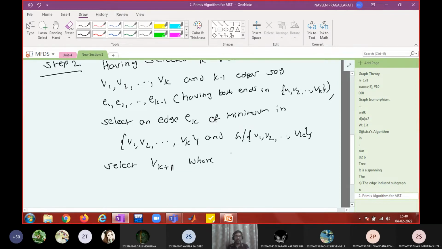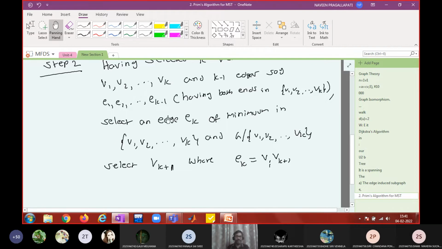The edge Ek is incident with Vi, and this Vi can be one among these. And Vk plus 1, where is this Vk plus 1? This Vk plus 1 will be one among this, and this is the edge connecting these two.